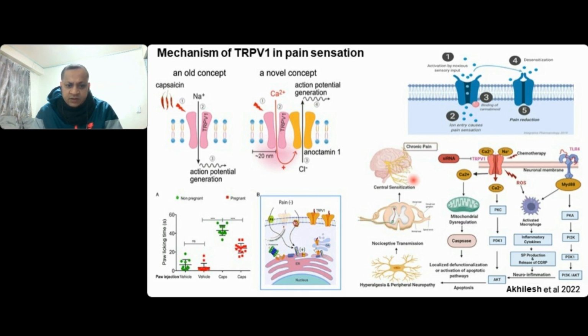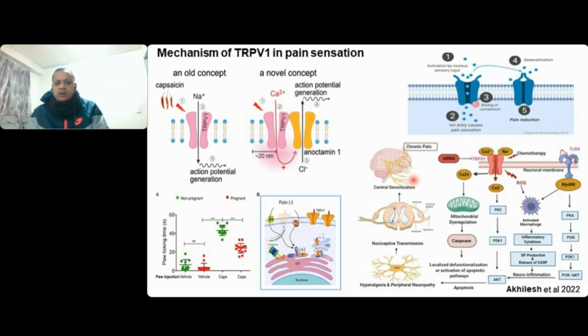Through the TRPV1 ion channel, calcium enters the cell and increases the calcium concentration, and this triggers different mechanisms like mitochondrial dysregulation, autophagy dysregulation, endoplasmic reticulum stress, and apoptosis-related signaling pathways.